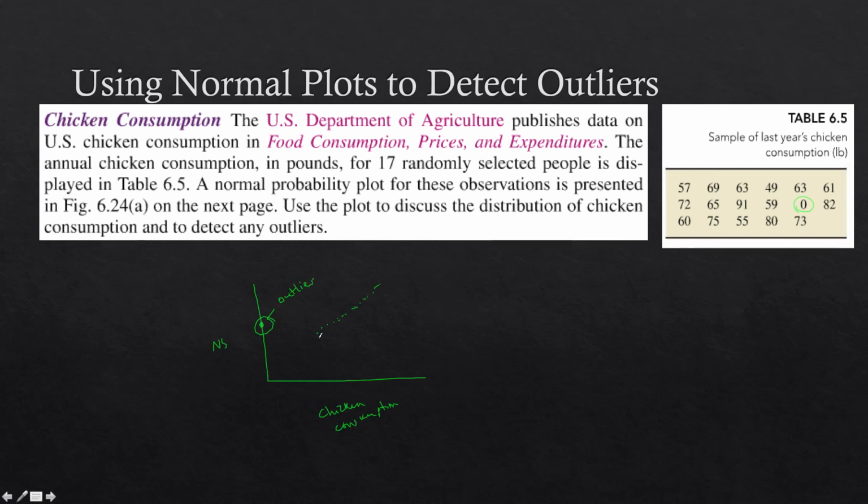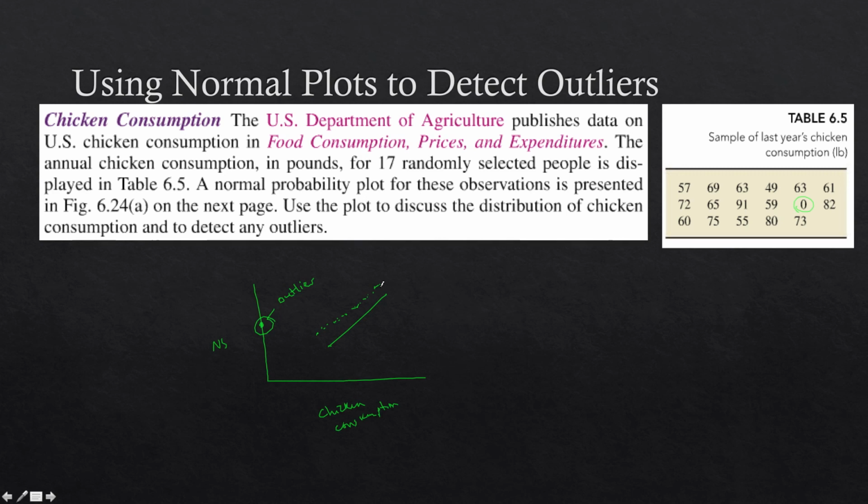Notice if we took that away, we would have a normally distributed graph. It is a straight line. And we would say it's plausible that among people who eat chicken, their consumption of it is normally distributed. We could say that if we took that outlier away.